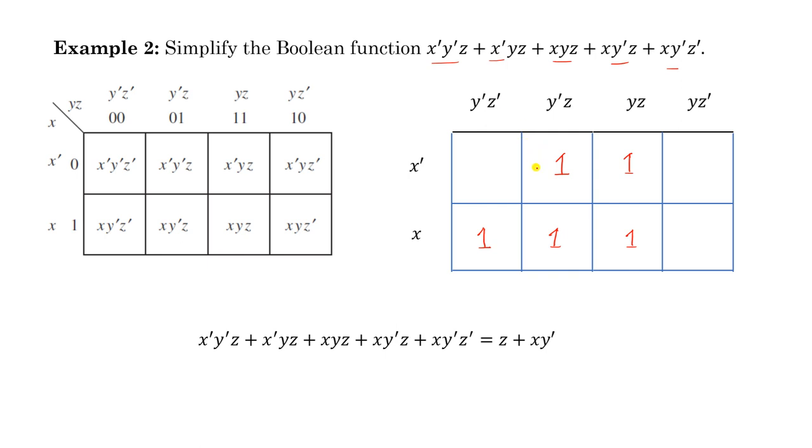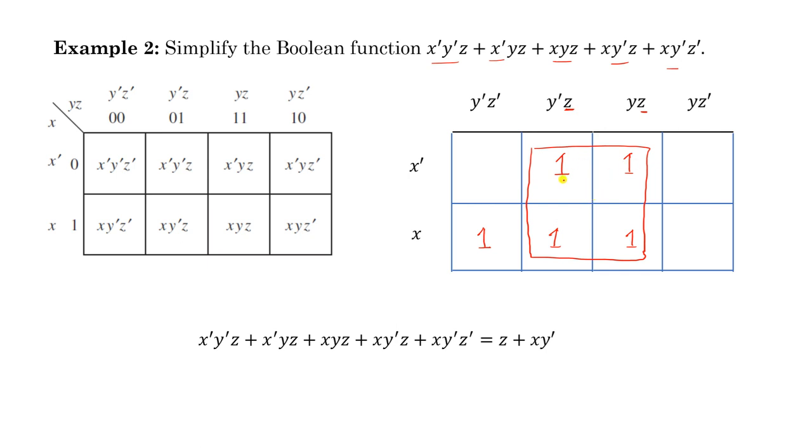So look at this, the maximum block we can form is the 2 by 2. This is the 2 by 2 block. Now in this 2 by 2 block we have to identify the literal which is same in all these squares. Look at this, only z is same in all these terms or squares. Here it is x dash, here it is x, here it is y dash, here it is y, but z is same in all these squares.